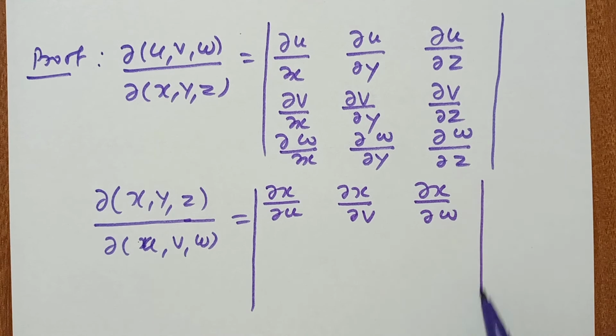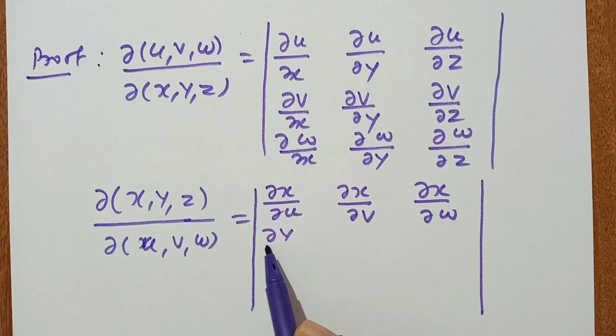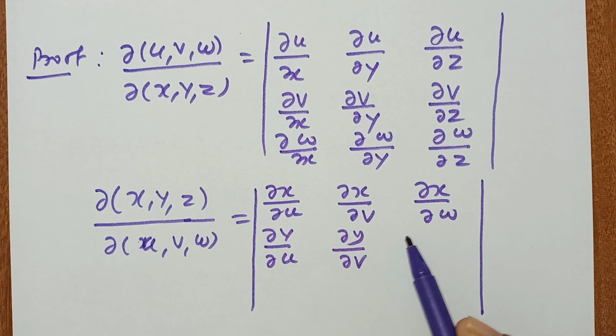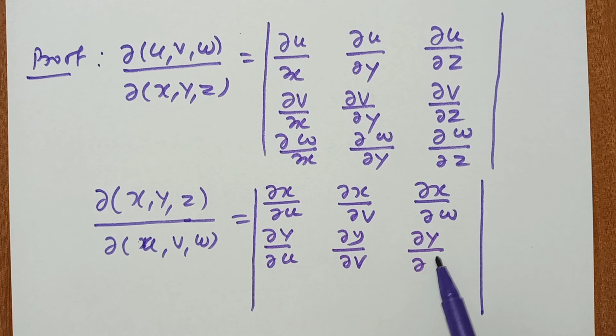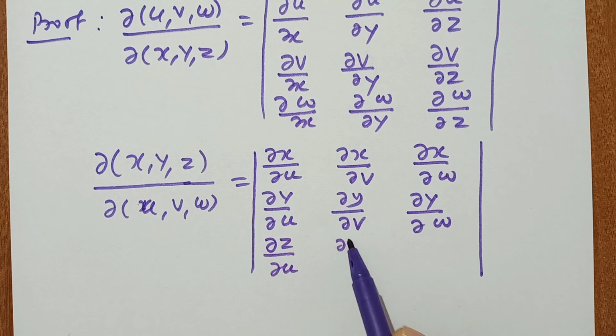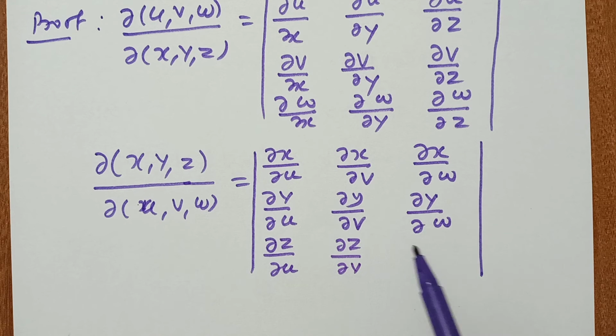In the second row, del y upon del u, del y upon del v, del y upon del w. Okay. Del z upon del u, del z upon del v, del z upon del w.